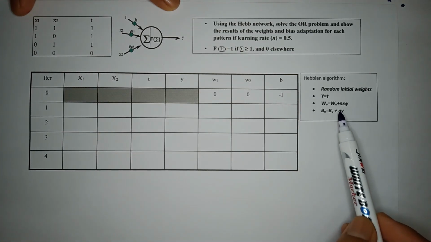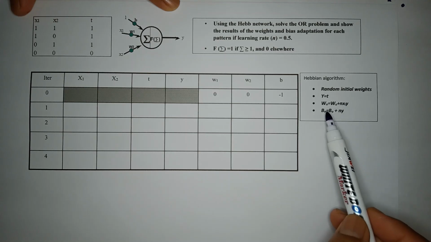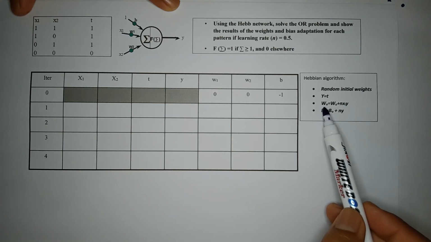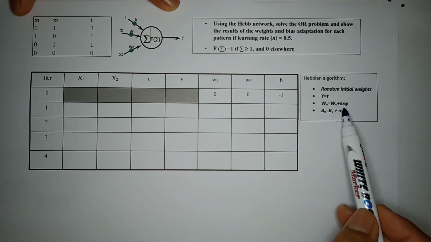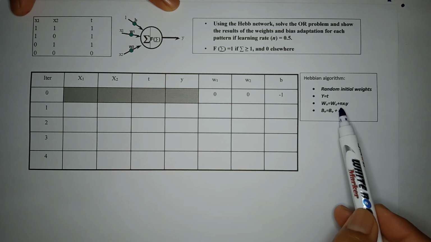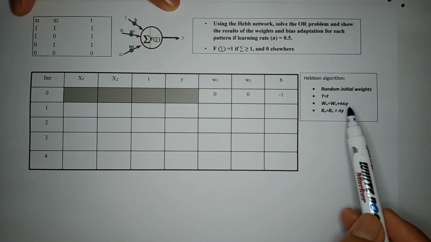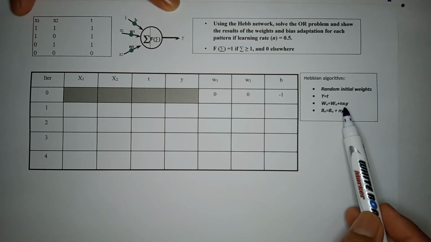The adaptation of weight for this algorithm is W new equals W old plus n x_i y. Here n is the learning rate, which we set as 0.5, and x is the input.